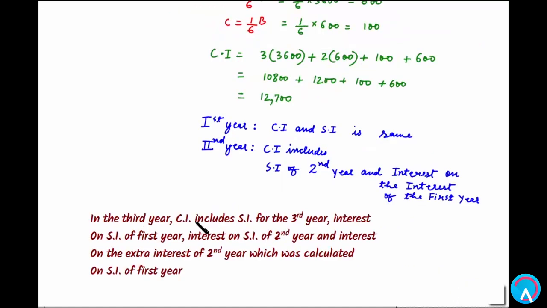Also, in the third year, compound interest includes simple interest for the third year, interest on simple interest of the first year, interest on simple interest of the second year, and interest on the extra interest of the second year which was calculated on the simple interest of the first year. Combining all these, we get the formula for compound interest as 3A plus 2B plus C plus B. This is for 3 years.